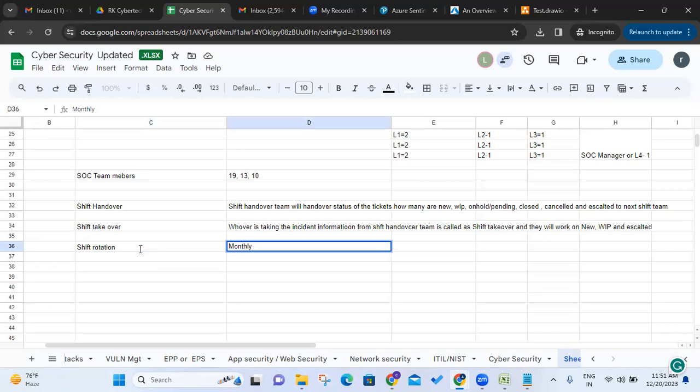But a couple of companies make it a weekly shift. If you fall under a weekly shift, absolutely our health will be spoiled. Clear? But most of the companies follow monthly shift rotation. Clear?